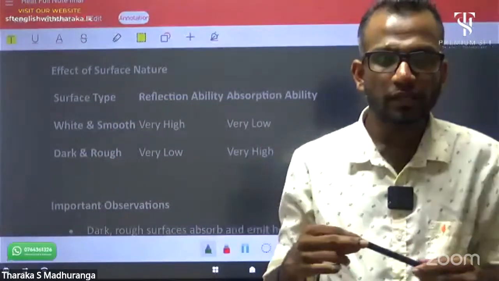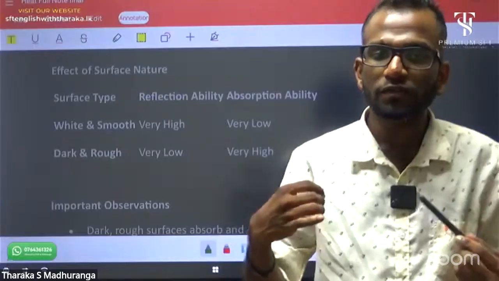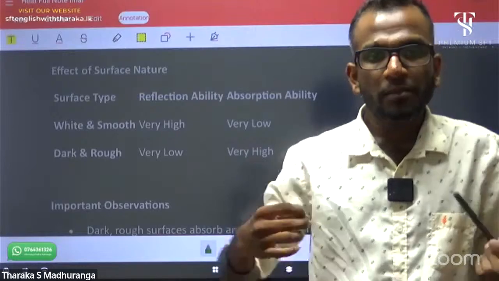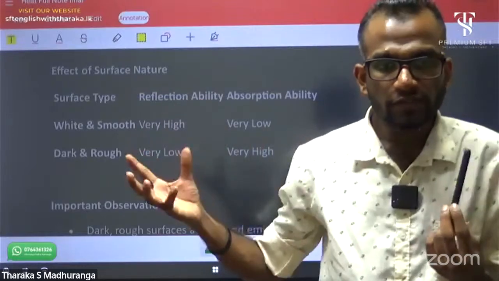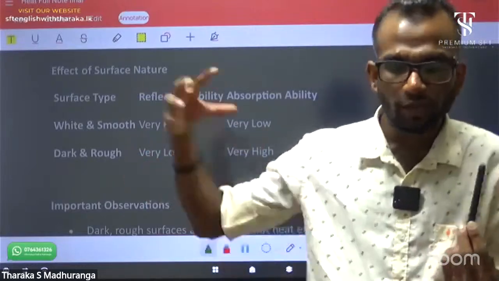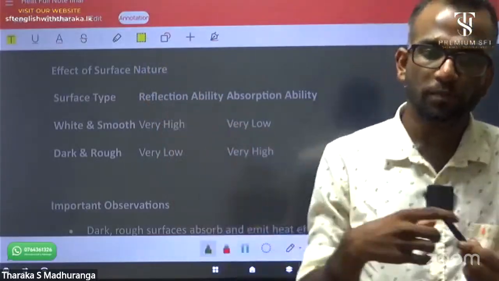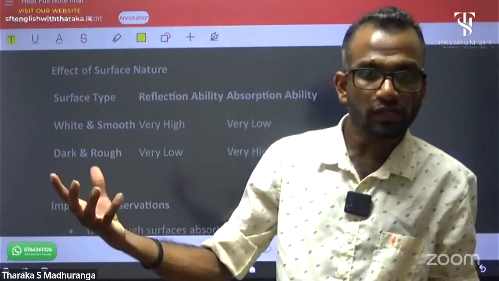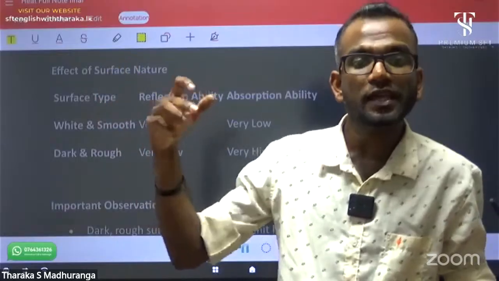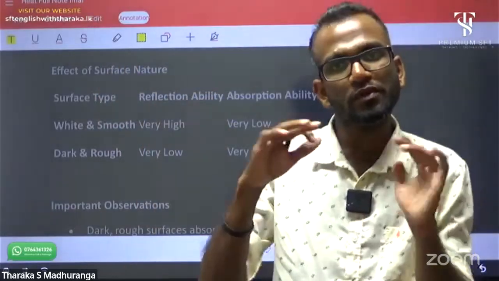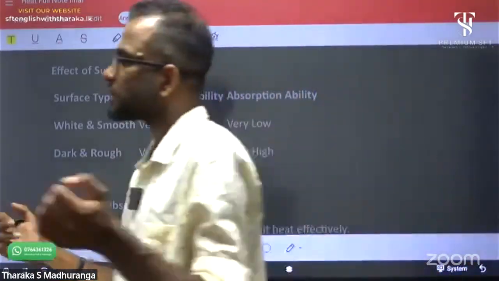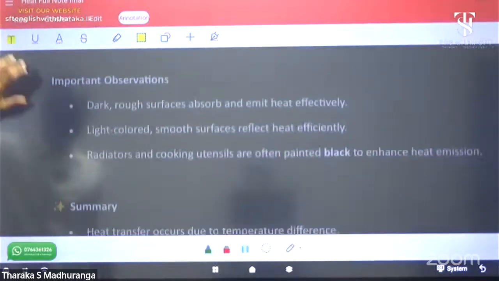White color has very low absorption of EM waves. But a dark and rough surface highly absorbs electromagnetic waves. If we have a black tank with water, it highly absorbs heat, and the water gets highly heated. If you have a white tank, it's low absorption.